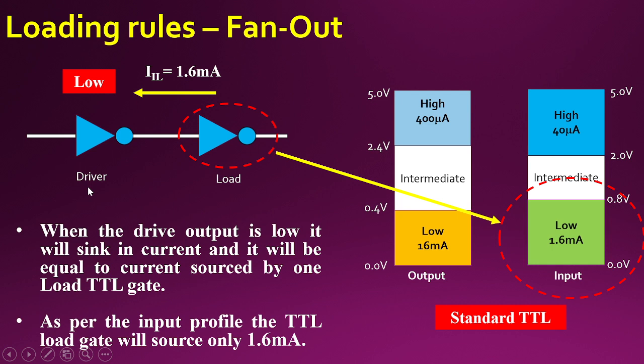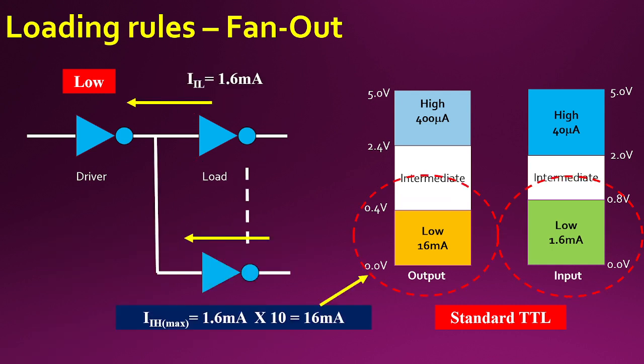Now how many can it handle? It can handle 10. So if 10 are connected, then 1.6 into 10 will provide 16 milliampere. So 16 milliamperes of current will enter into the system, that is the driver, and we can see it can handle 16 milliampere when the output is low.